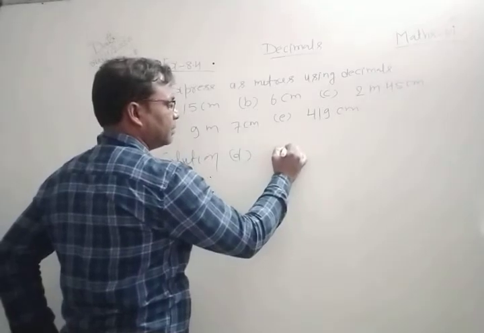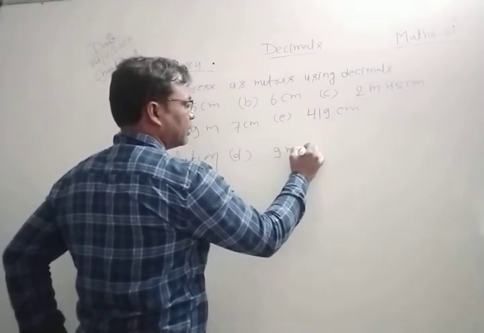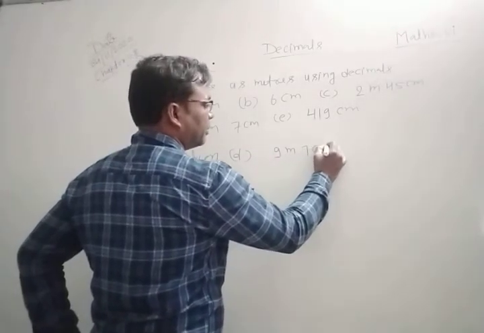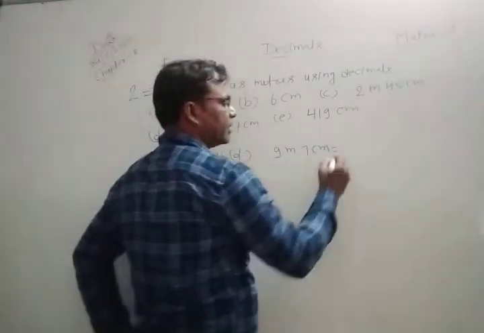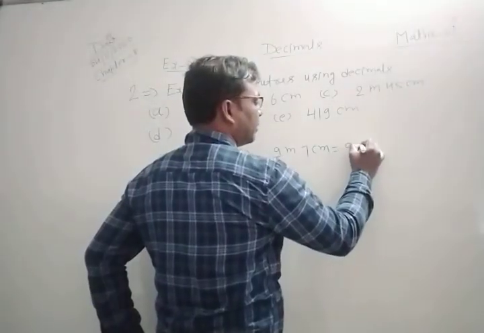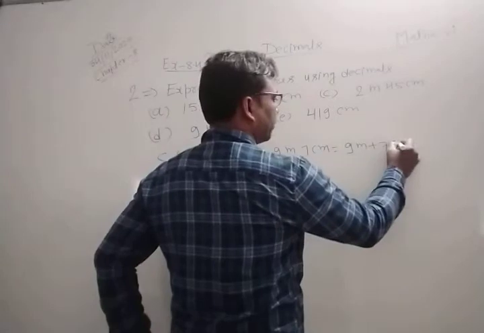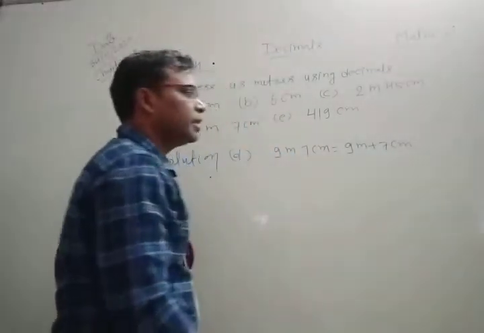This is given 9 meter 7 centimeter. So first we can write, express it, 9 meter plus 7 centimeter. Clear?